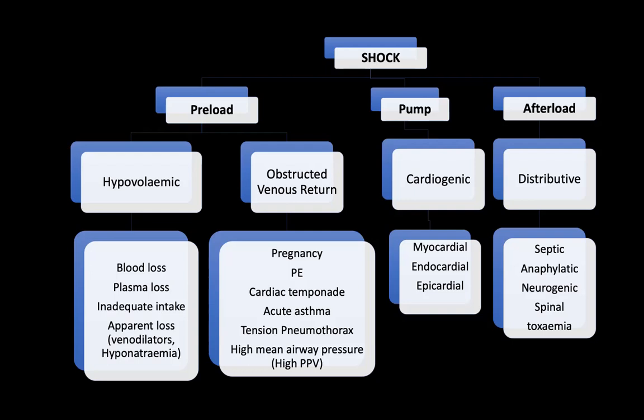Endocardial causes can include acute valvulopathies, especially seen in infective endocarditis, aortic root dissection, and papillary muscle rupture. Epicardial type causes can be due to acute tamponade and/or constricted pericarditis. And it's worth bearing in mind that either one of these presentations can cause both pump failure and obstructive venous return.